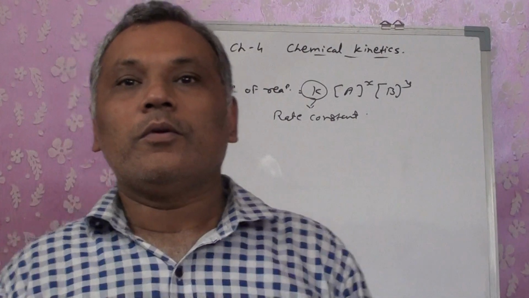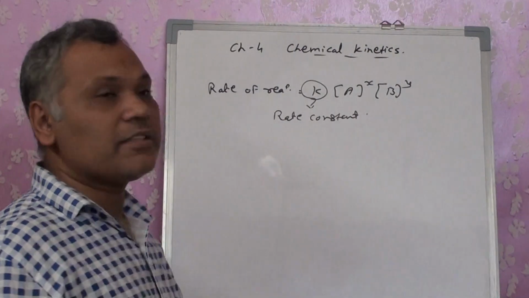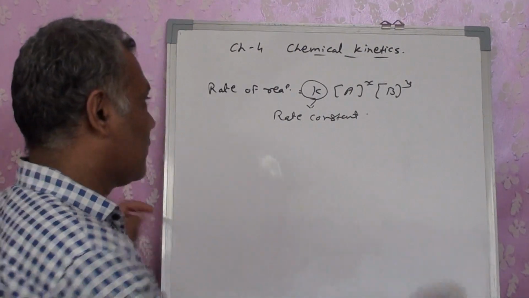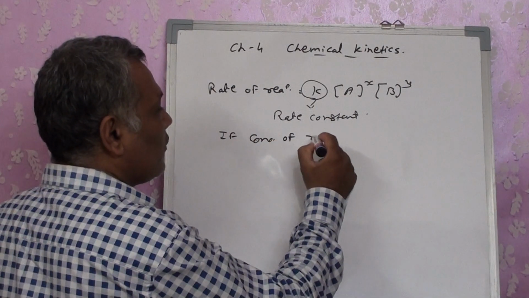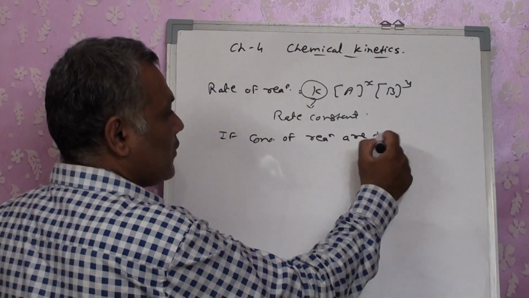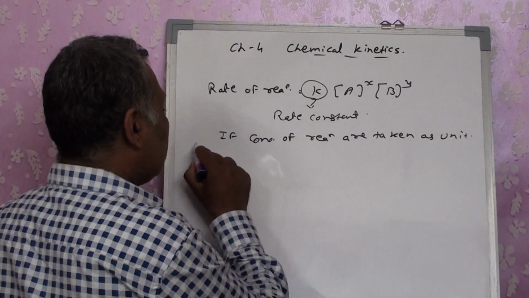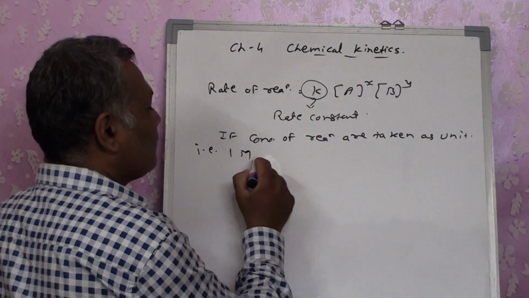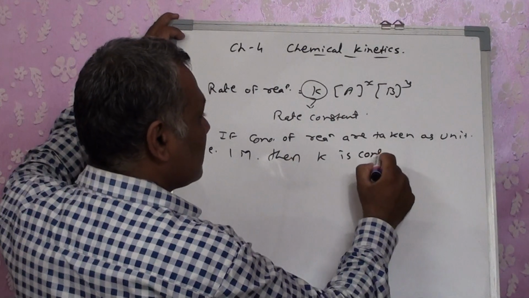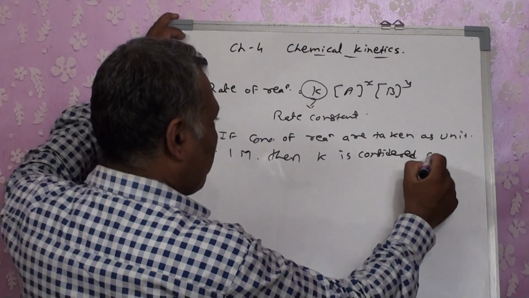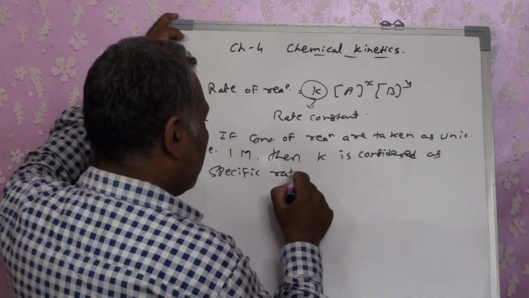Now, if the concentrations are 1 unit values, that is 1 molar, then K is considered to be the specific rate constant.